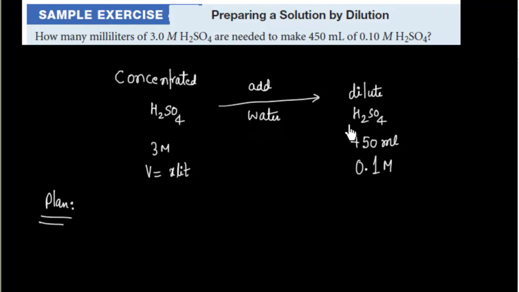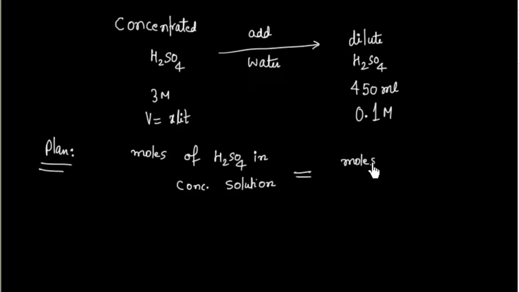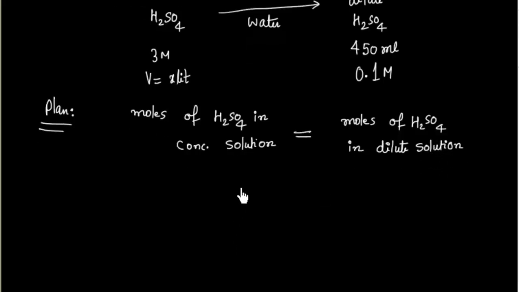So we have to apply this idea, that is, moles of H2SO4 in concentrated solution is the same as moles of H2SO4 in dilute solution. So we have to use this idea.